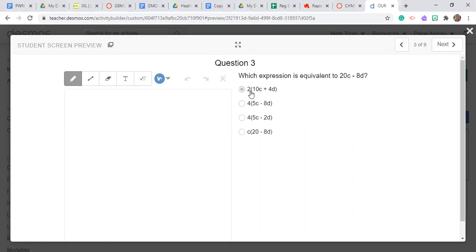We have 2 times 10c plus 4d, 4 times 5c minus 8d, 4 times 5c minus 2d, c times 20 minus 8d. Go ahead and pause the video and do the work.